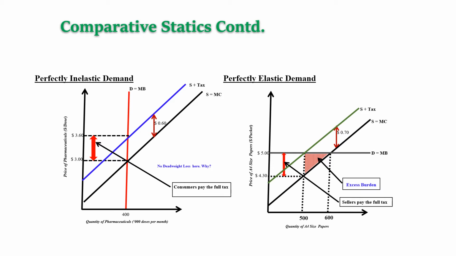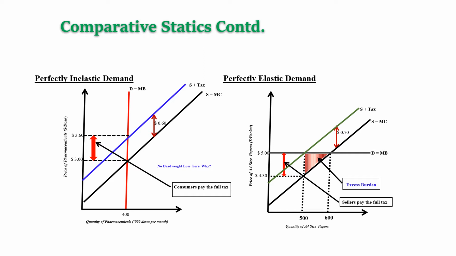But did government realize a full tax revenue from this tax? No, because there is a deadweight loss. So many people are able to avoid the tax by not buying the good. So it creates what? Excess burden. And the excess burden is this small shaded triangle.